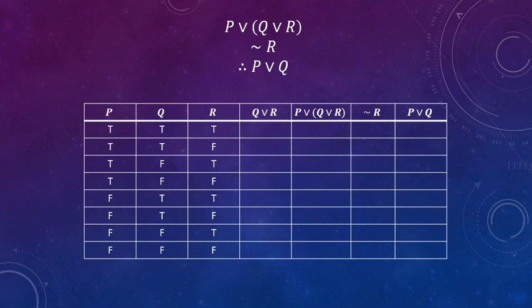So here we have the first one that was listed. We had our two hypotheses, P or (Q or R), as well as not R, and then therefore our conclusion of P or Q. Now just notice here with this first hypothesis, I didn't have to include the parentheses on Q or R because we are doing two disjunctions here.